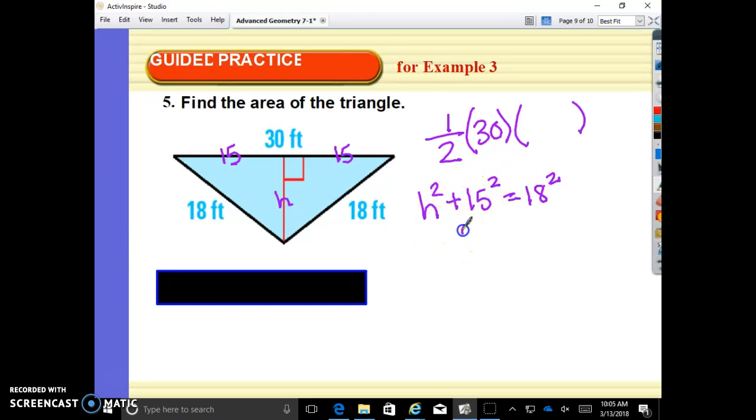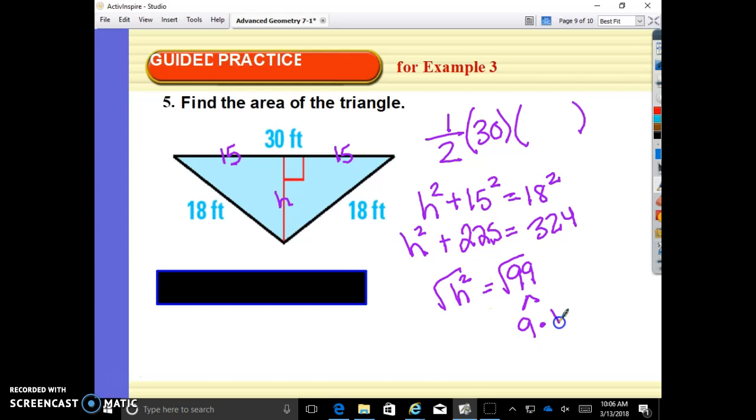So 15 squared is 225. 18 squared is 324. Minus 225 is 99. Square root.